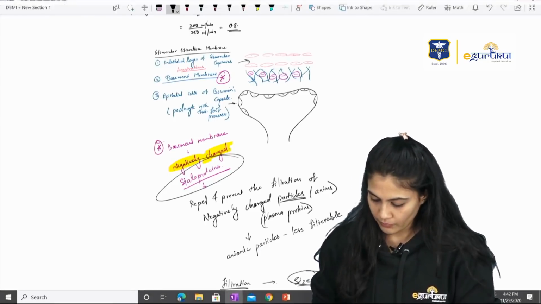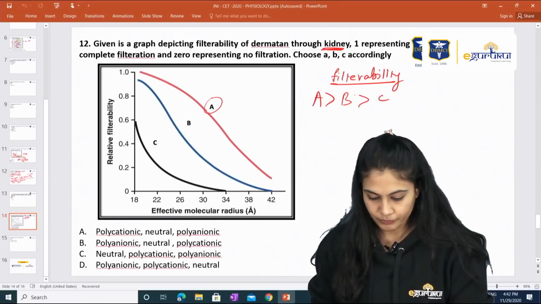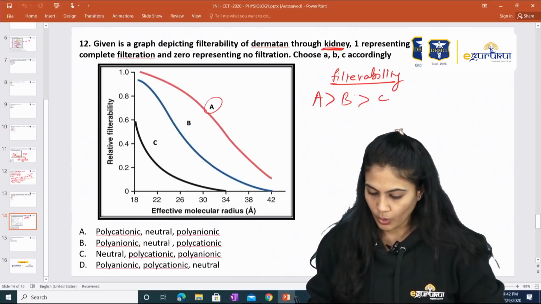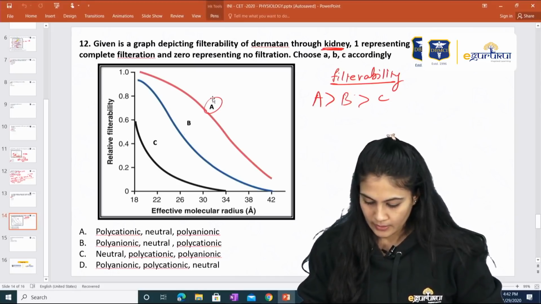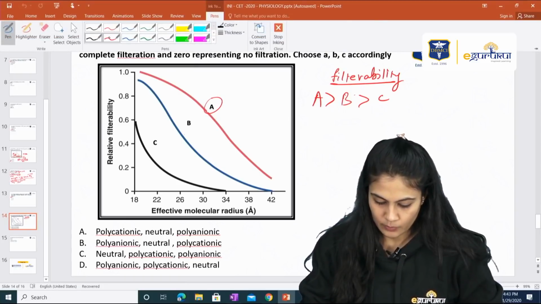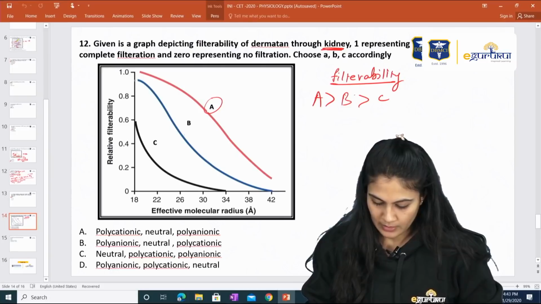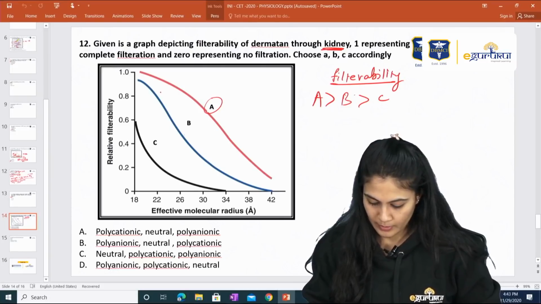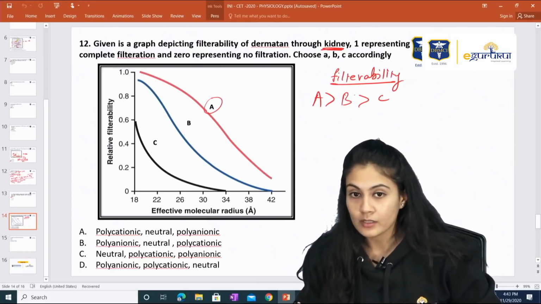So if we come back to this diagram, what we can say is that A is easily filterable, right? It is more filterable. So if you see, the relative filterability is more, that means they should be cationic, right?